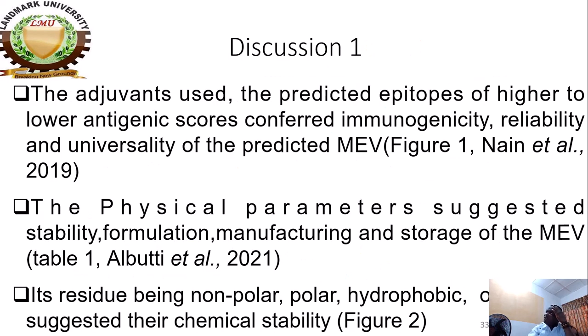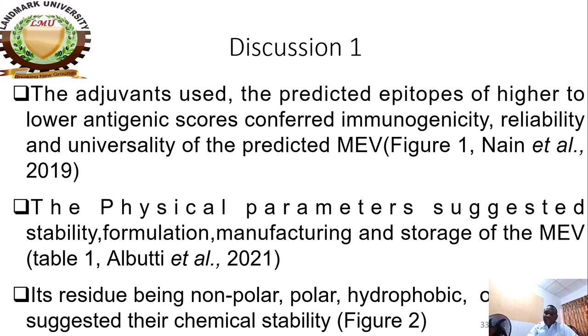Summarily, regarding the adjuvants used in this study, the predicted epitopes were found to have high scores with very low antigenic scores, and reliably they can be used universally as predicted for my vaccine candidate.